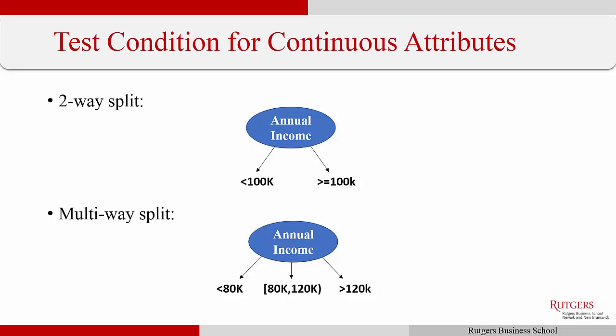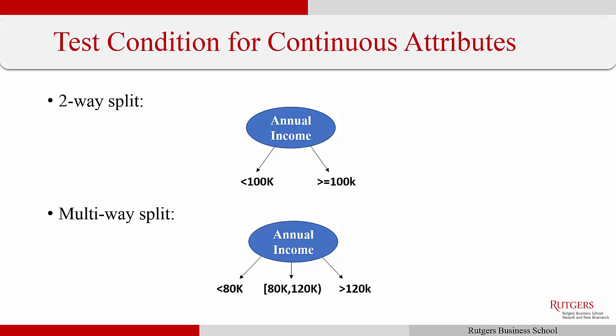And also we can have the multi-way split, but we need to find 2 cutoff amounts. The first subset is annual income lower than 80,000, the second is annual income between 80,000 and 120,000, and the third subset is annual income larger than 120,000.